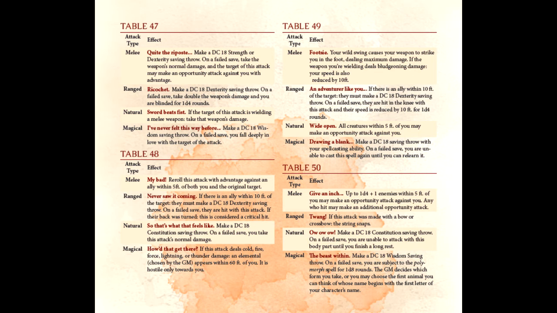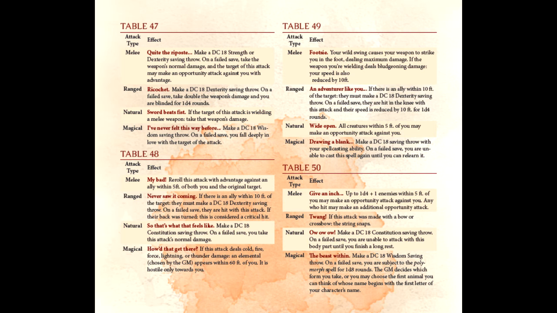Maybe you rolled table 31. If you were using a melee weapon, maybe the result is sidestepped. You swap places with the target and make a DC 14 dexterity saving throw. On a failed save, you fall prone. If you are using a ranged weapon, your stance is off. You make a DC 14 wisdom saving throw. On a failed save, you take a 1d6 penalty to your next ranged attack roll.